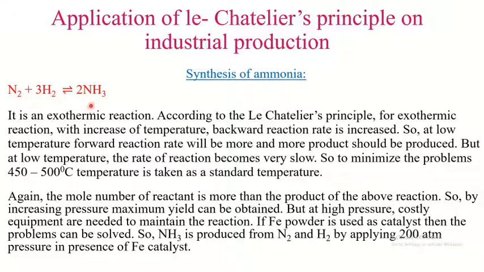So here a catalyst can be used, and by using a catalyst at medium pressure like 200 atmospheres, maximum yield can be produced. Here iron powder is used as the catalyst.